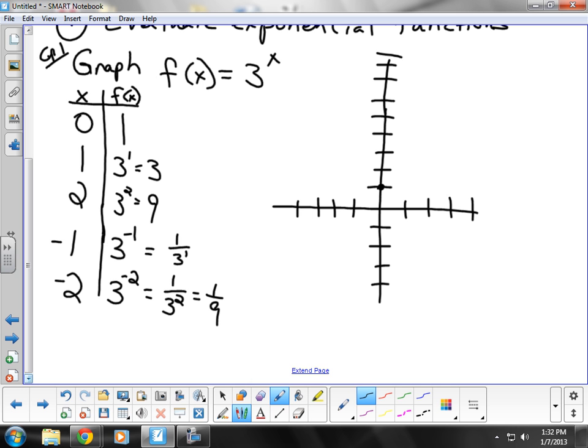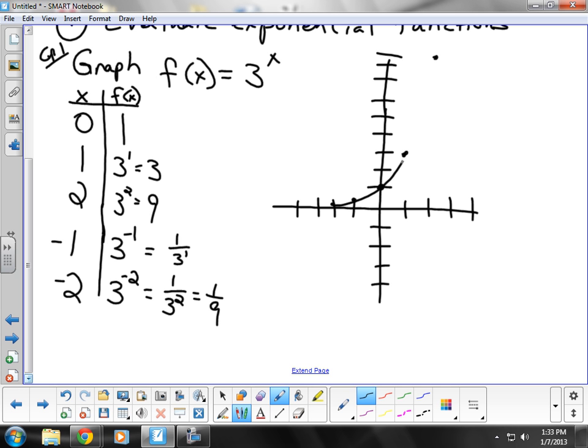Then the next point is 1, 3, so I go over 1 and up 3. The next point is 2, 9, so over 2 and up 9. And at -1, I go left 1, and then I go up a third. And at left 2, I'm only up a ninth.